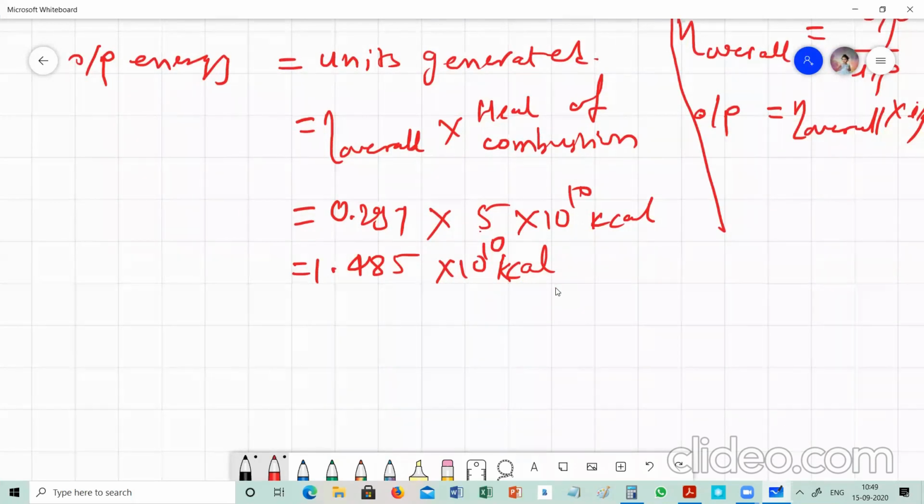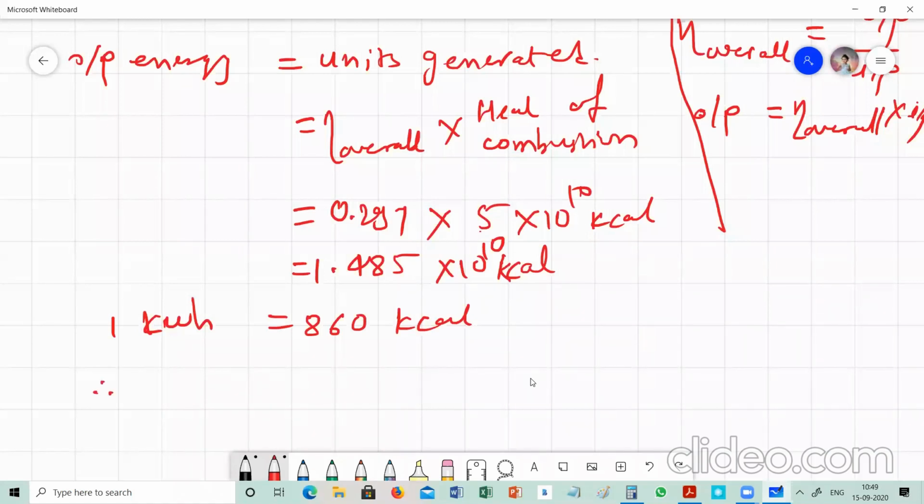We know that 1 kWh is equal to 860 kilocalorie. We have seen it in the earlier lecture. The equivalent of 1 kWh of energy is equal to 860 kilocalorie.